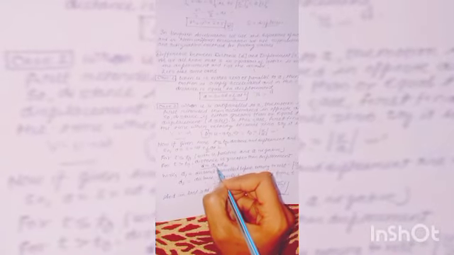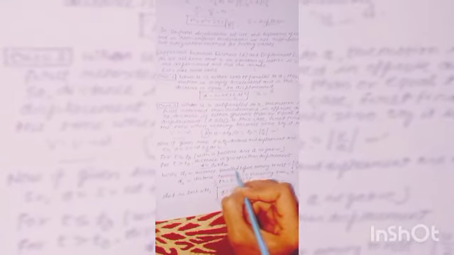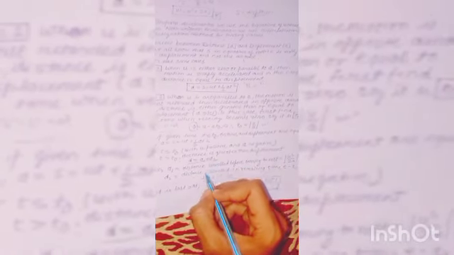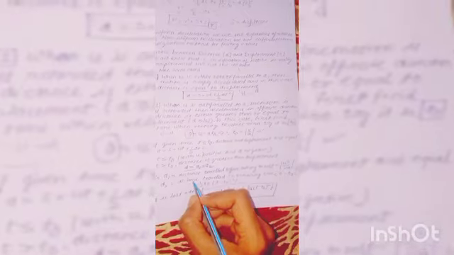Here d1 is the distance traveled before coming to rest, and it will be found by the magnitude of u square upon 2a. You have to note this formula, which is very important. And d2 is basically the distance traveled in the remaining time, total time minus the time to reach velocity 0, and it will be found by this equation.